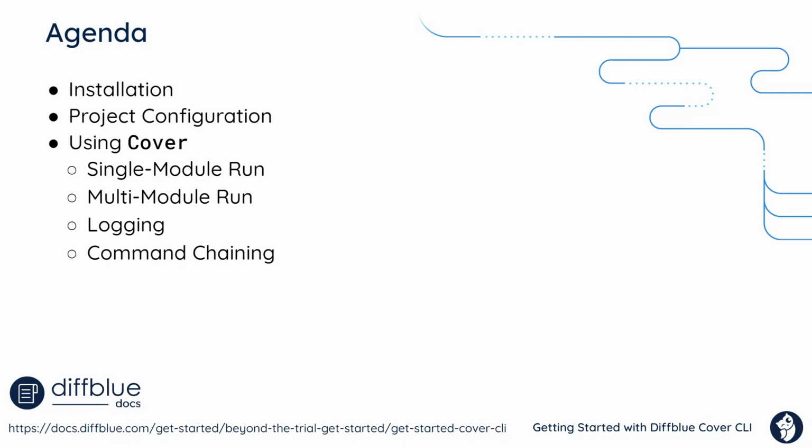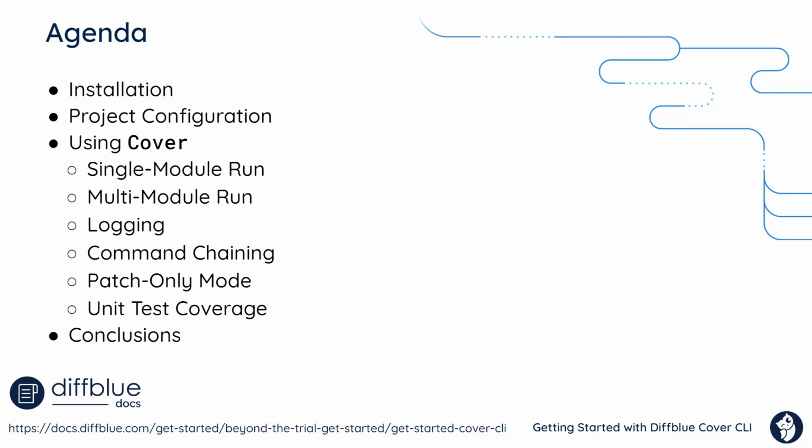As the command line options pile up, we need to introduce the command chaining concept. We'll introduce then the patch-only mode as a convenient way to get Diffblue Cover running only for new and modified Java classes. Finally, with the unit test classes in place, we're prepared to assess the coverage by producing Jacoco coverage reports.